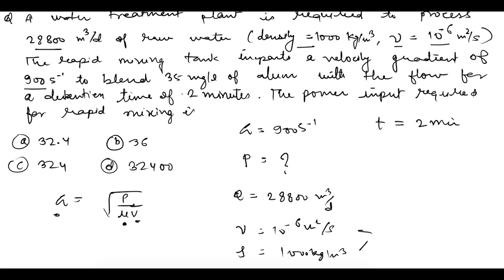So using this density and kinematic viscosity, you can find out the dynamic viscosity. That will be the multiplication of these two, that is equal to 10 to the power minus 3 Newton second per meter square.